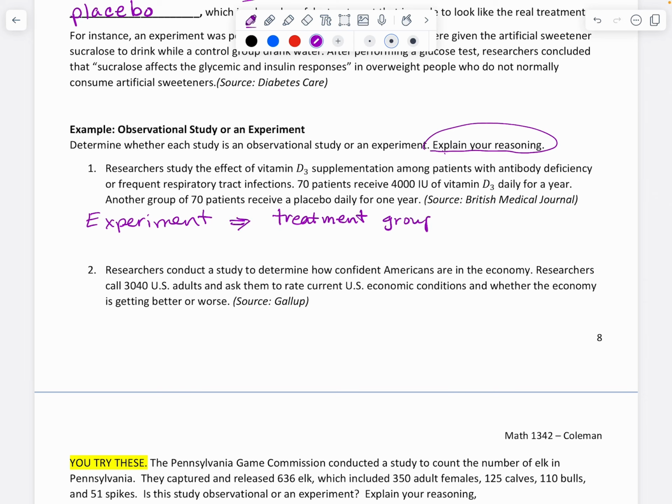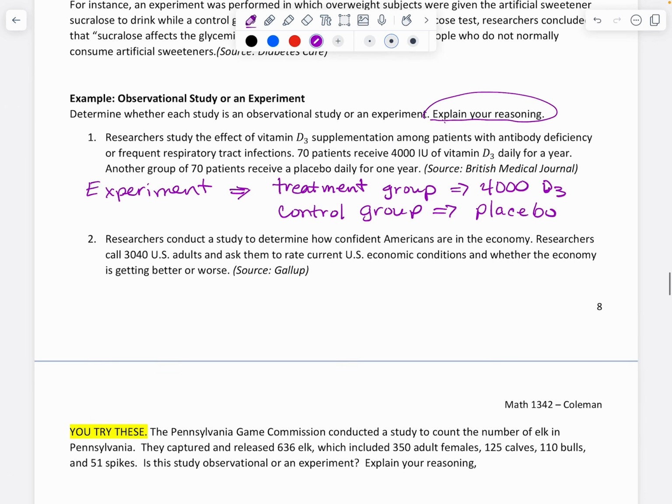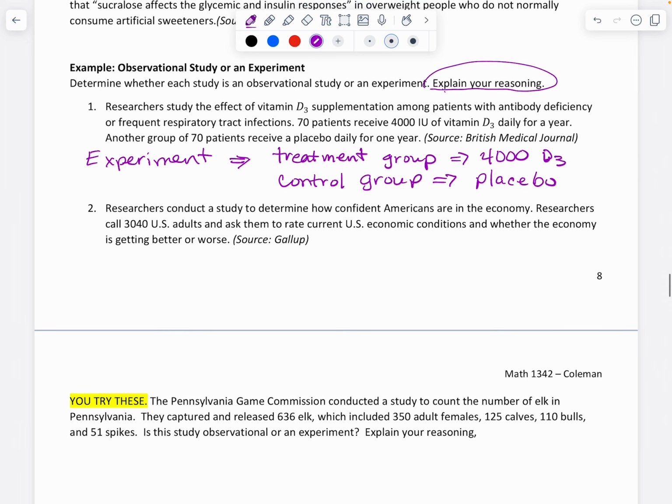And the treatment group are the ones who were given the 4,000 units of vitamin D3. The control group is the ones that were given the placebo. And then they're going to look at the effects. Now, they didn't tell us what the results were, but that's okay. We just wanted to know what kind of study this was.